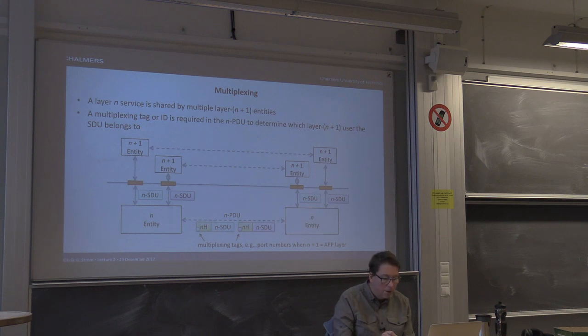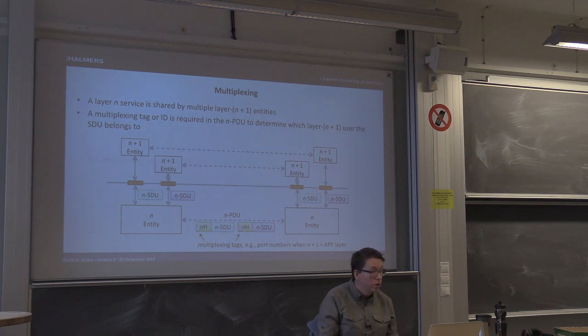The same thing here. If this is DNS, it comes here as a DNS message. The entity at the receiving end looks at the tag and says, okay, this should go to DNS, and sends it up through the right service access point here. So this is multiplexing. Questions?